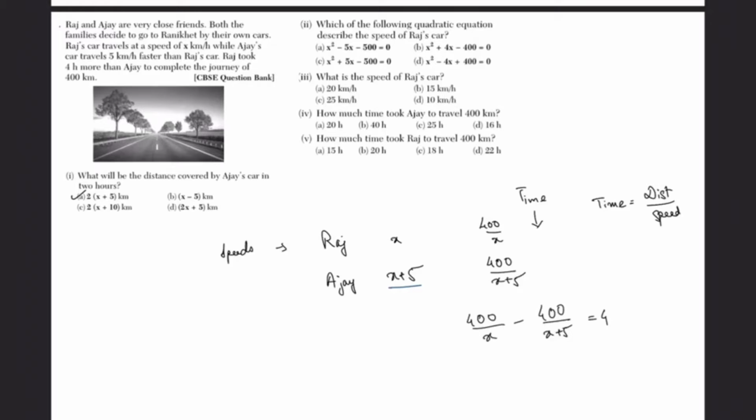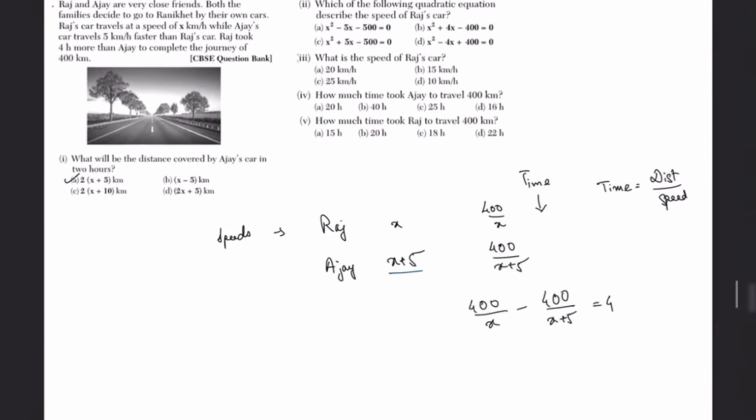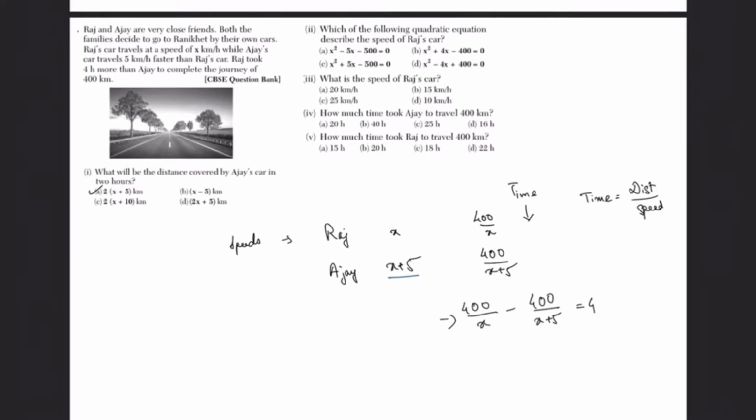Okay. Which of the following quadratic equations describes the speed of Raj's car? You can see Raj's car has a speed of x. So basically we need to write this quadratic equation in standard form. Let's go for it. So you can see that 400x plus 2000 minus 400x should give you 4x square plus 20x.